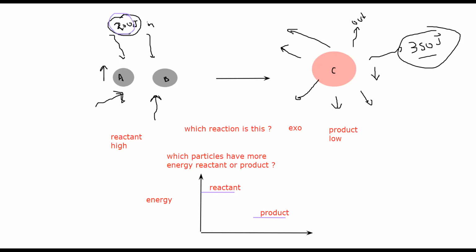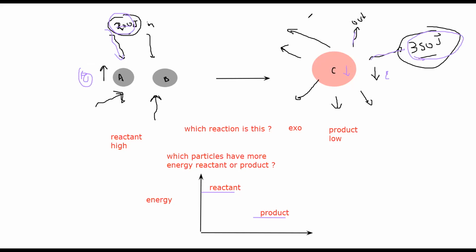You can see here, reactants absorb 200 joules, so energy of the reactant will increase. But when the product is formed, the product releases energy, so energy of the product will be less.